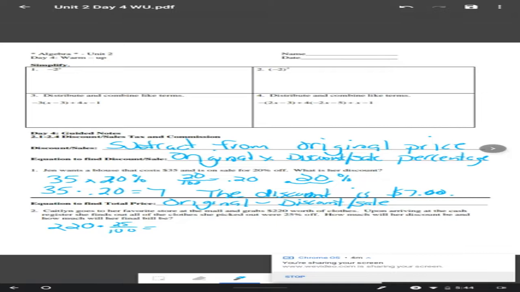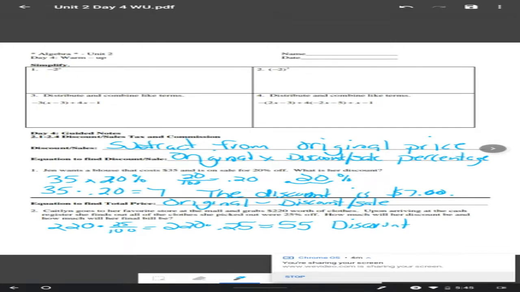So that would really be 220 times 0.25. So if you were to multiply those, 220 times 0.25, we'll get a total of $55. So this is my discount or my sale.